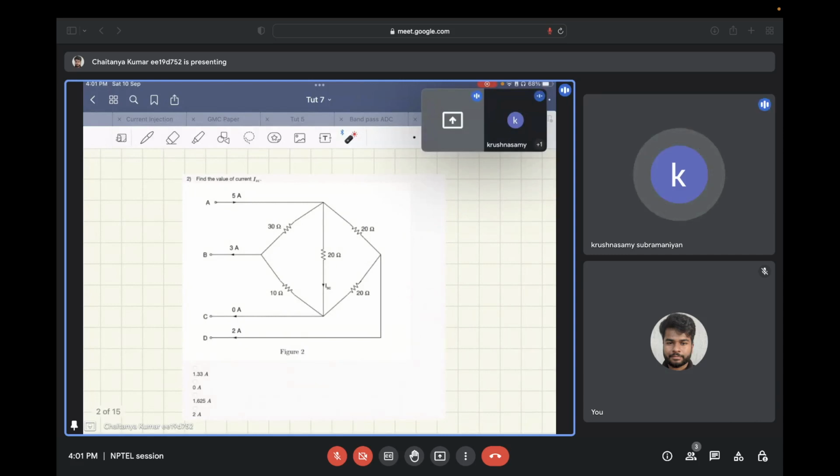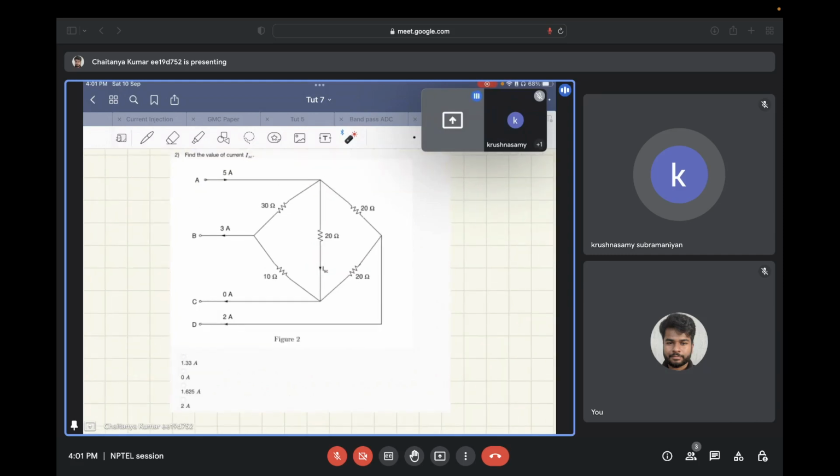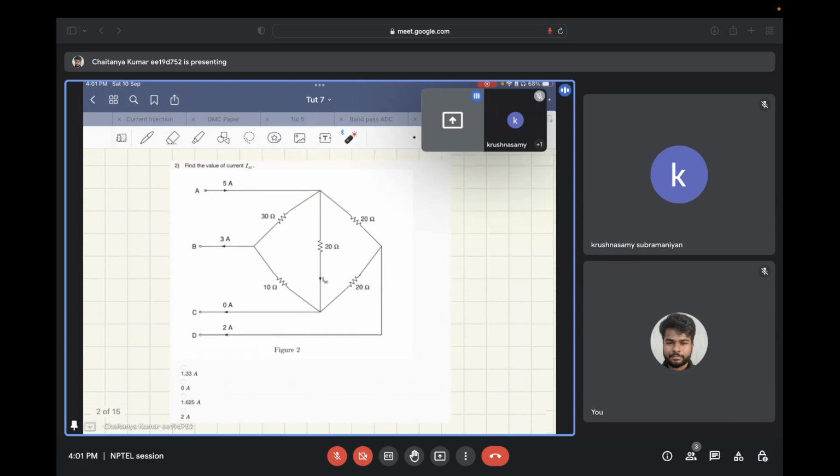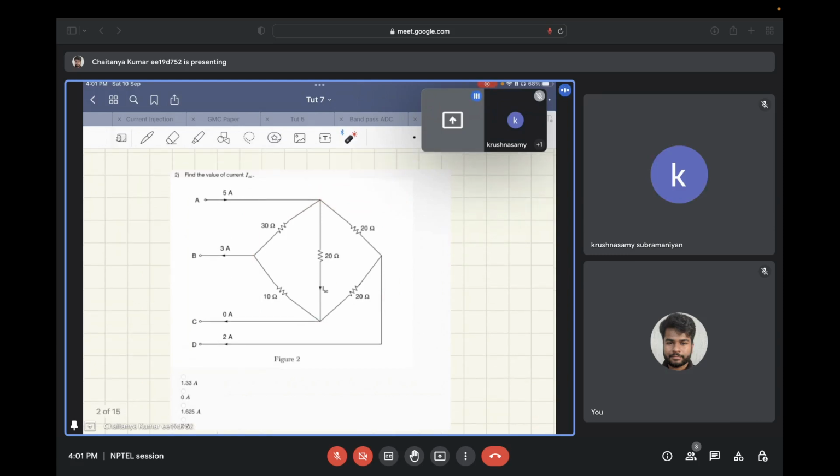So we are supposed to find the current that is flowing through the 20 ohm resistor. Now, for this, first of all, we can do a sanity check that there is no problem in this question. In this complete network, whatever current is flowing in must be equal to the current that is flowing out.